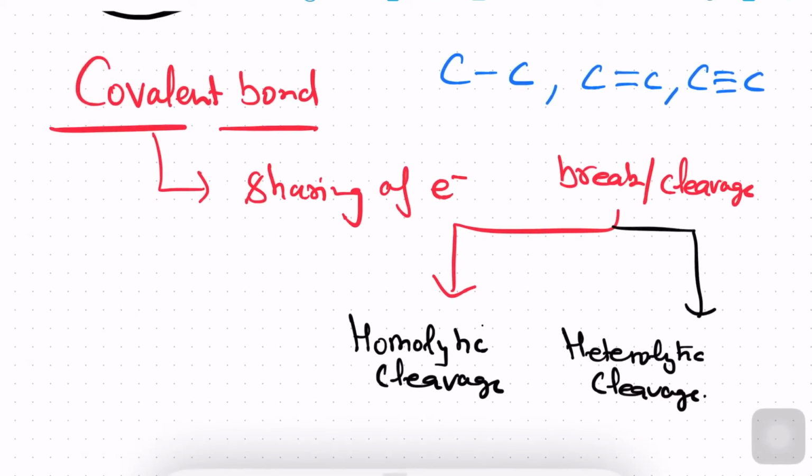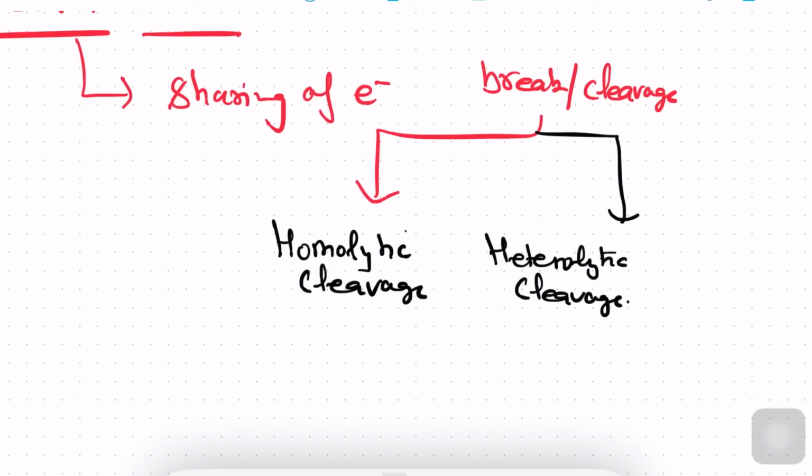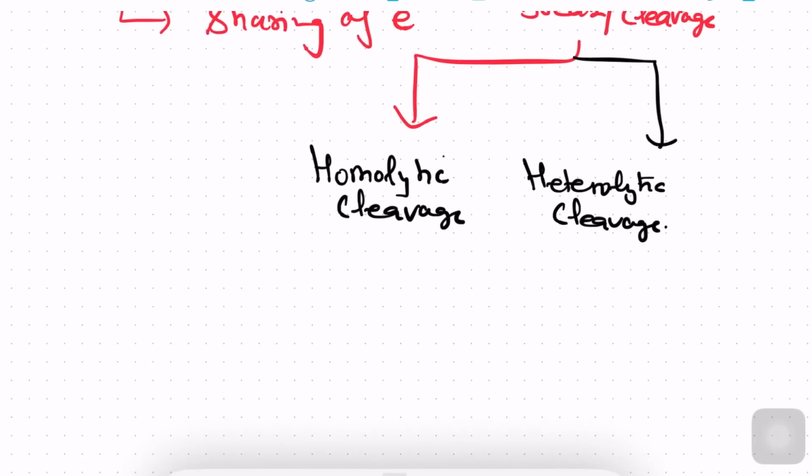So here we are going to discuss that the carbon-carbon bond can break either by homolytic cleavage or heterolytic cleavage. Now let's suppose you have this situation: this is carbon, bonded with hydrogen, and this carbon is sharing electron with hydrogen.